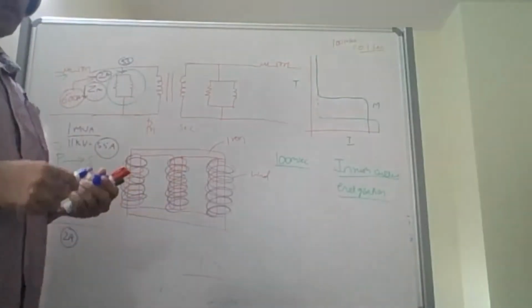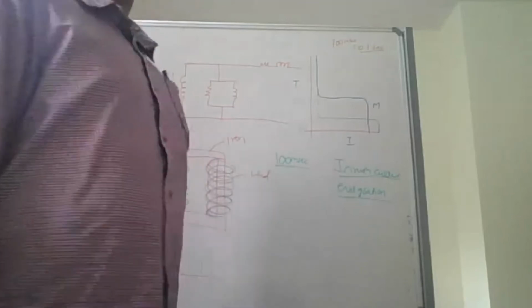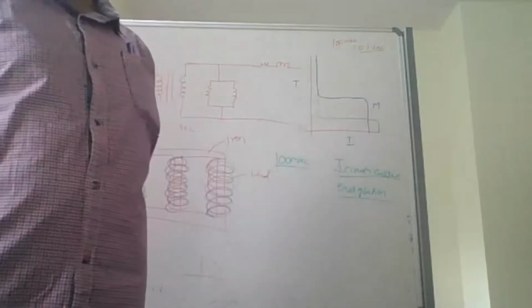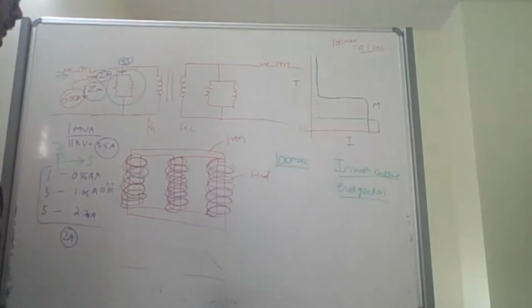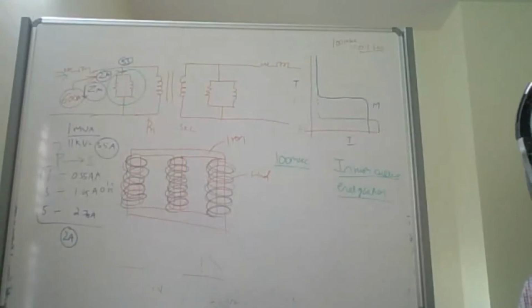So now, everybody clear on the phenomenon, why in a transformer there is an inrush during energization? Just one clarification, sir. When the inrush is happening, the magnetizing circuit gets short circuited, right?